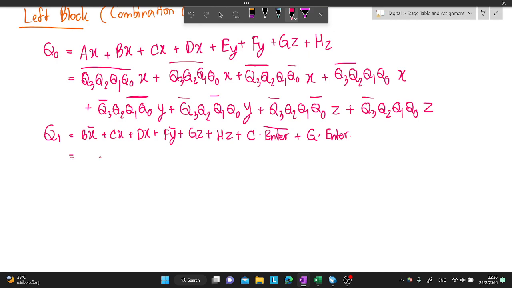And then it's transformed to logic equation again.